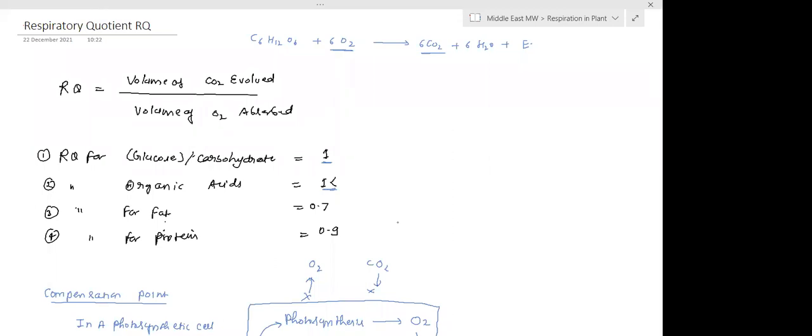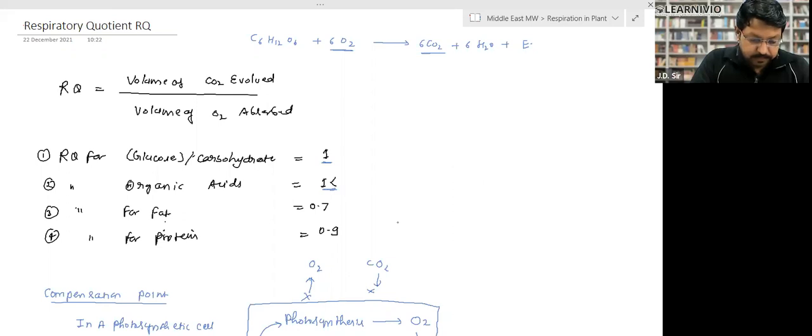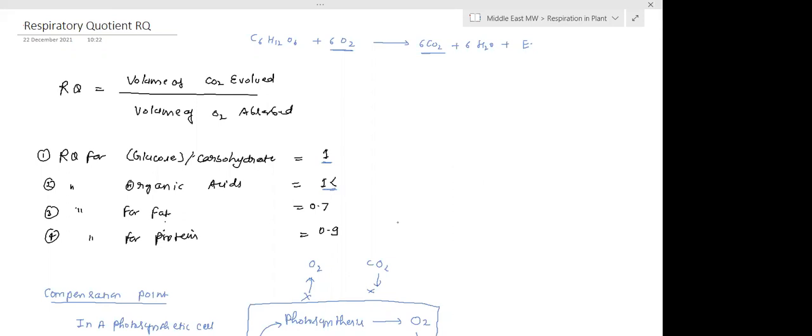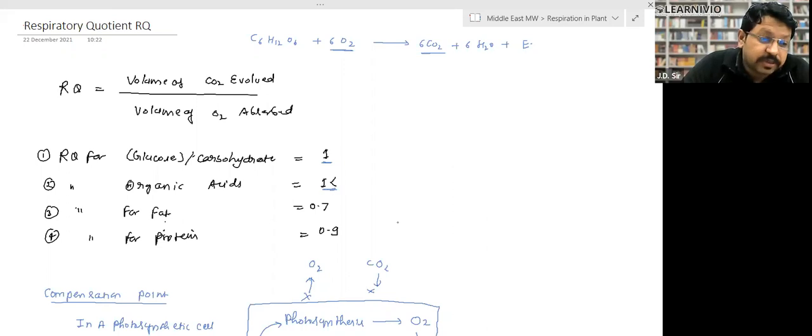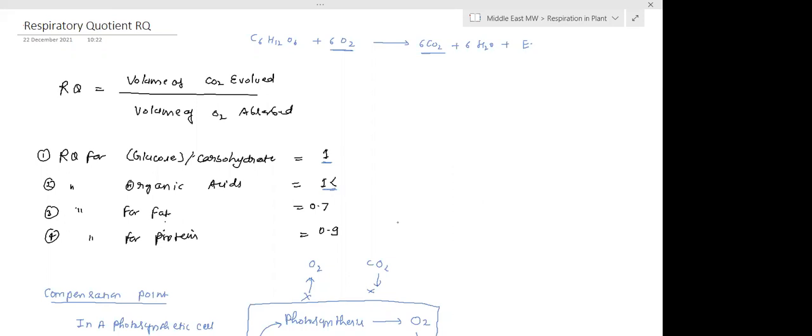Why did you write the equation? This looks like photosynthesis. I'm asking, is this equation a part of the respiratory quotient? Basically, this equation is the respiratory quotient.